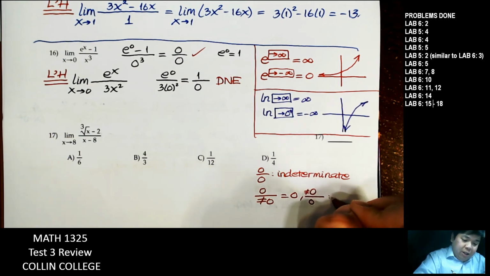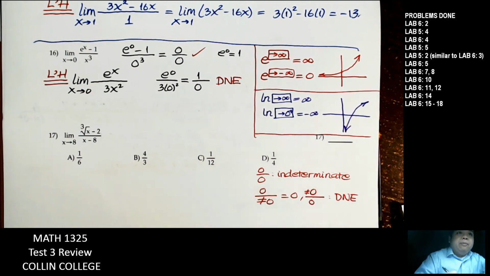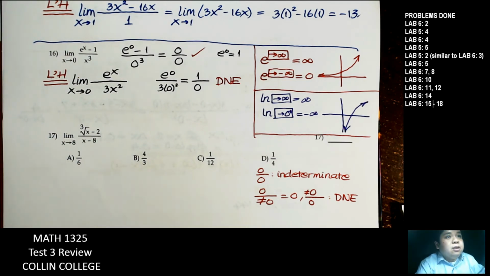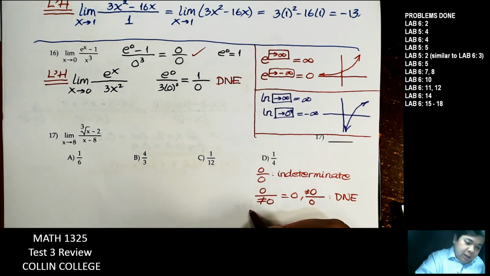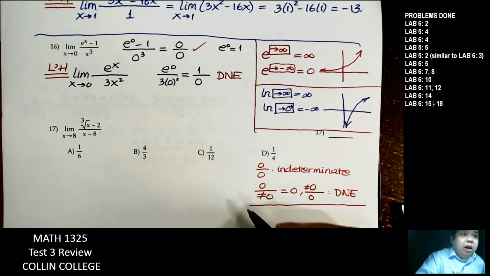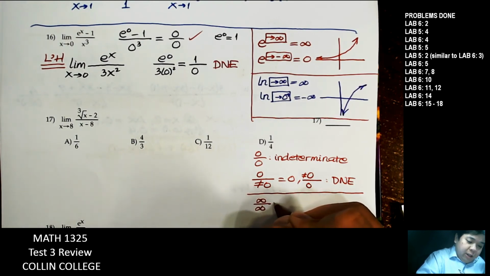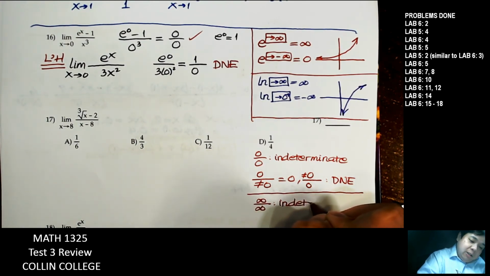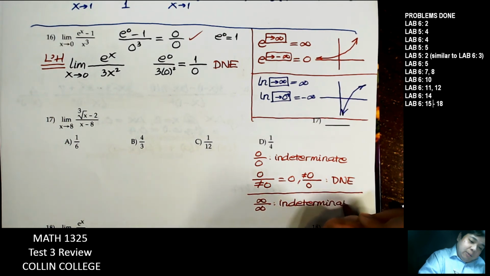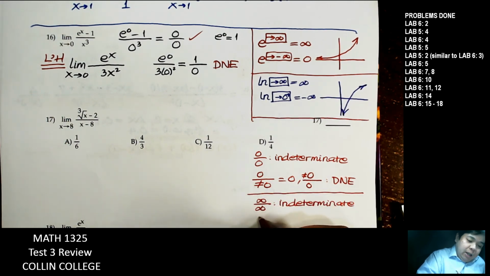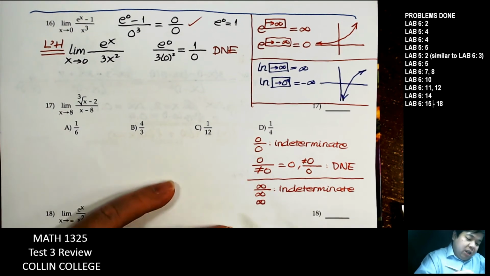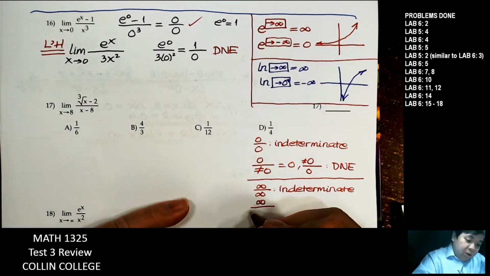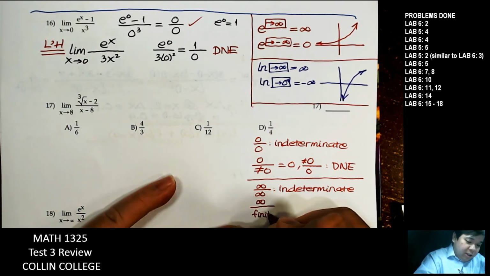And then we have two more things. 0 over 0 we know is indeterminate. 0 over anything else is 0. Something not equal to 0 divided by 0 is undefined.